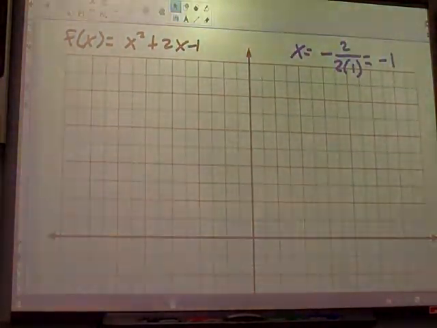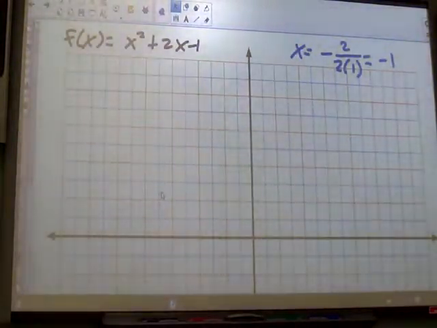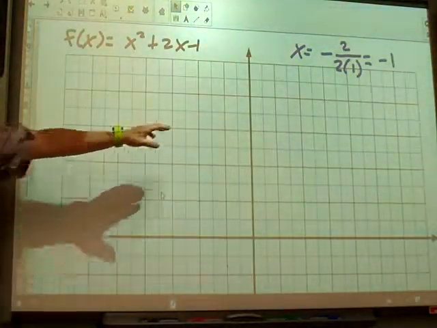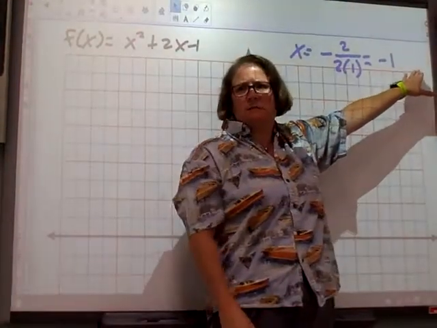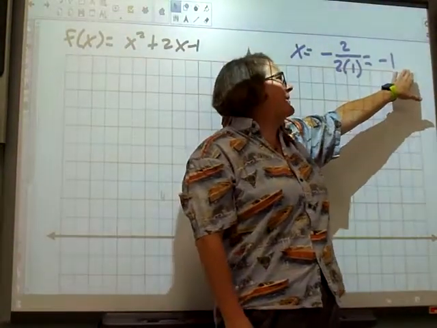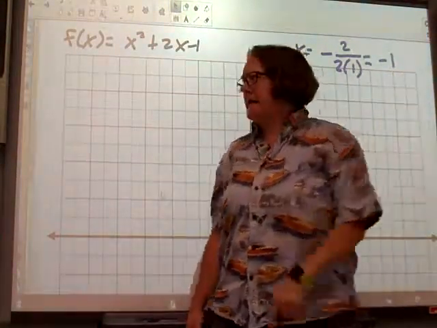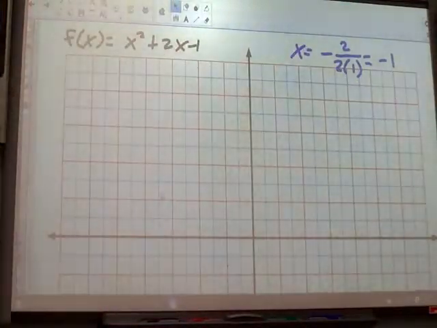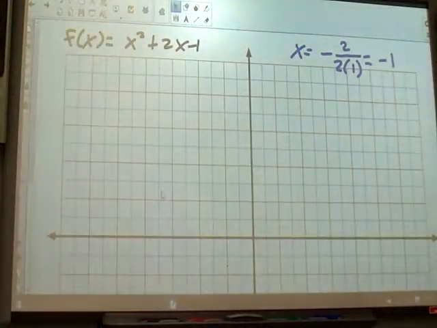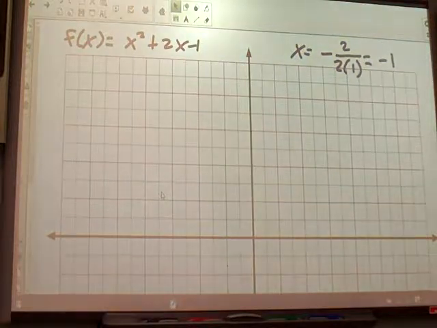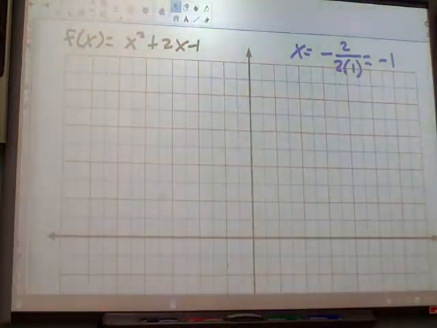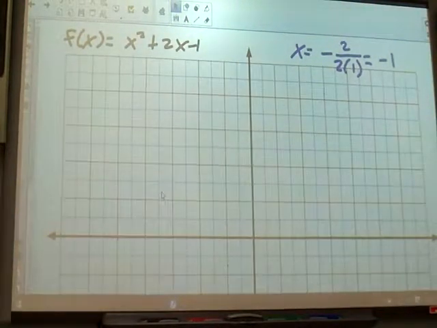Alright, a common mistake I've seen: most everybody got the X right. Everybody get your axis of symmetry at -1. But then when they plugged it back in, they didn't get the same Y as me. My Y should be -2. The mistake that is happening is y'all are just typing that string in the calculator.